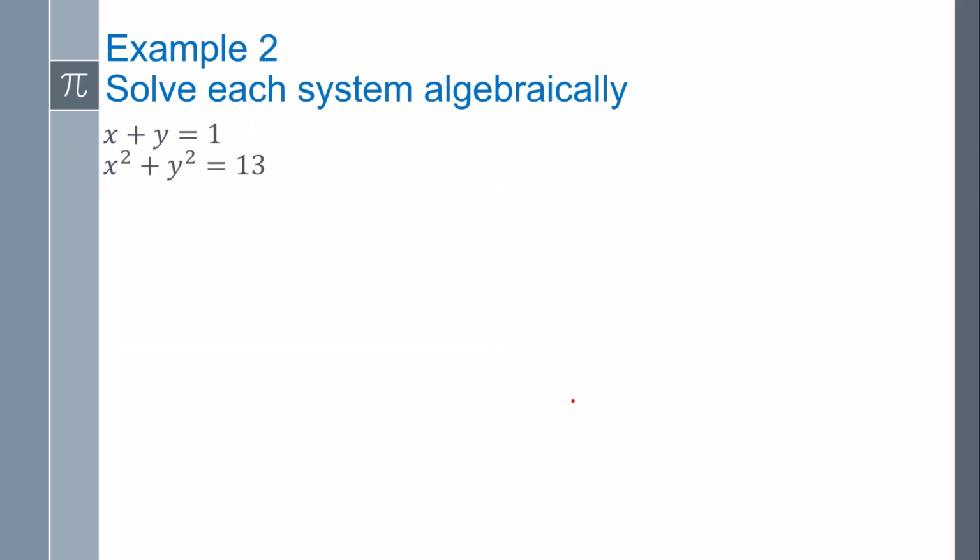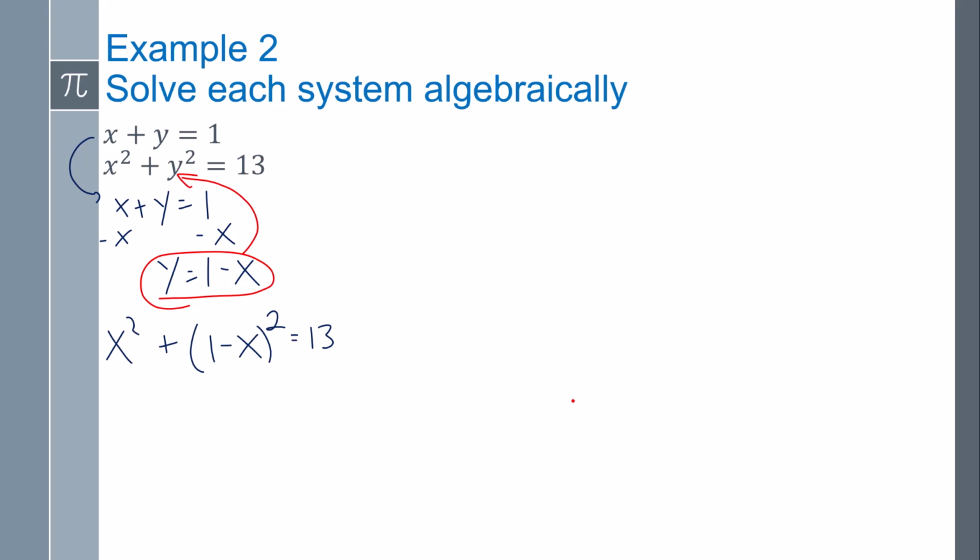Let's look at another one, a little more complicated. We don't have a variable by itself, but if we don't have one by itself, we can get it by itself. So using that top equation, I can subtract x on both sides. And I get y equals 1 minus x. Now, what does that mean? It means I can take what y is, 1 minus x, and I can plug it in for y into the other equation.